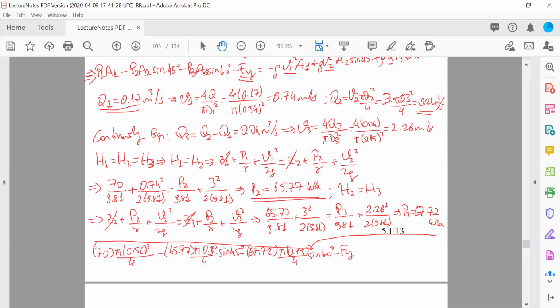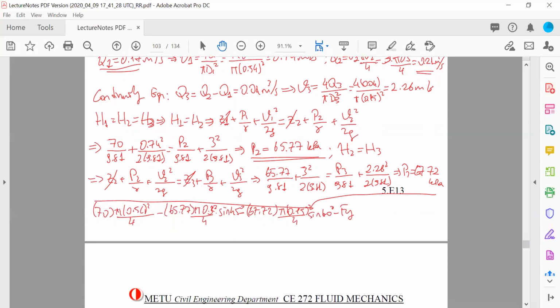The left hand side is okay, and let's write the right hand side to the bottom.